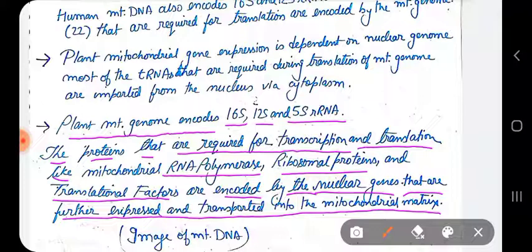Unlike animal cells, the plant mitochondrial genome encodes only the 16S, 12S, and 5S rRNA. The other proteins needed for transcription and translation, like RNA polymerase for mitochondrial transcription, ribosomal proteins, and translation factors, are all encoded by the nuclear genes in the plant cell and then transported into the mitochondrial matrix.